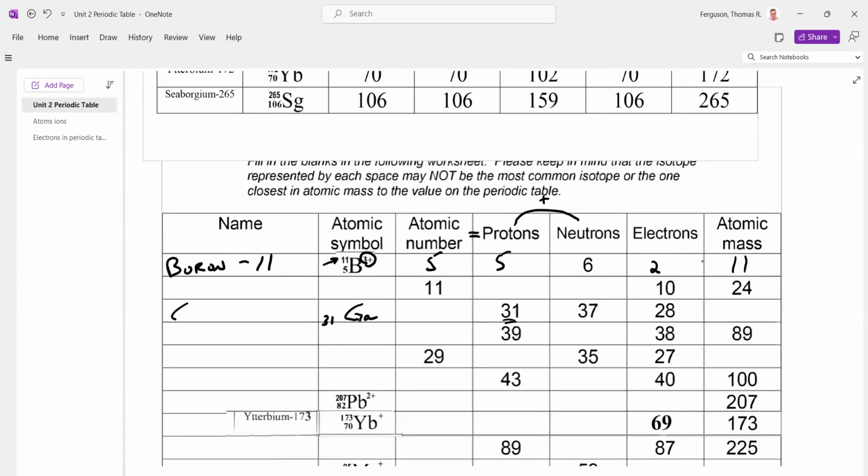Okay, so that's going to be gallium. Atomic number and protons are always equal. Atomic mass is P plus N. So we have 31 and 37. What is that? 68.